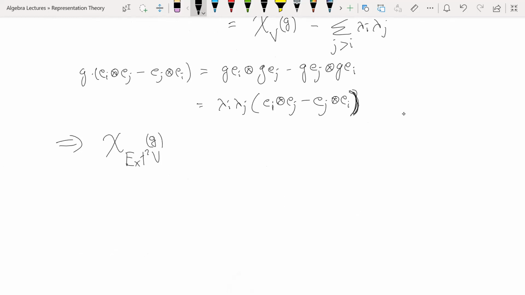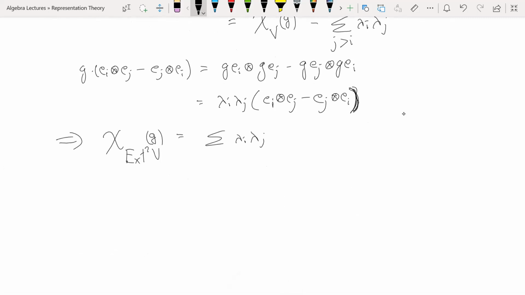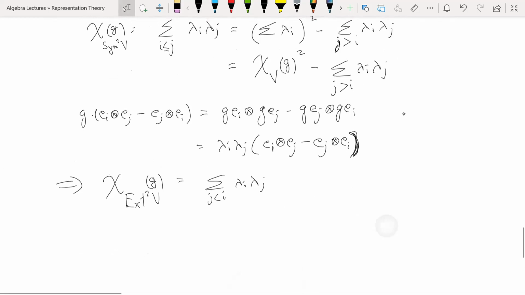Summation of lambda_i lambda_j, where i is strictly less than j, or j is strictly less than i. Both are the same, whichever you choose. So that is the other piece.